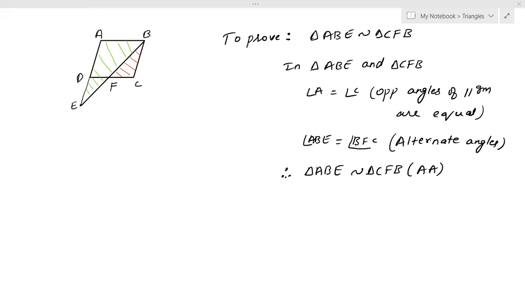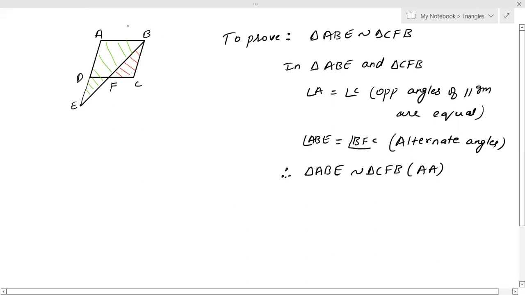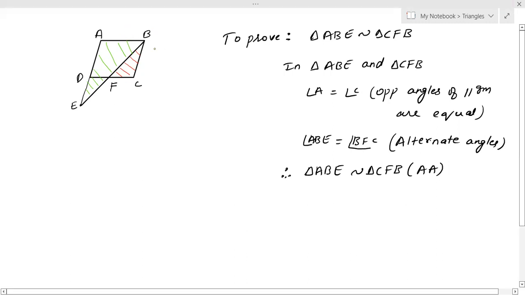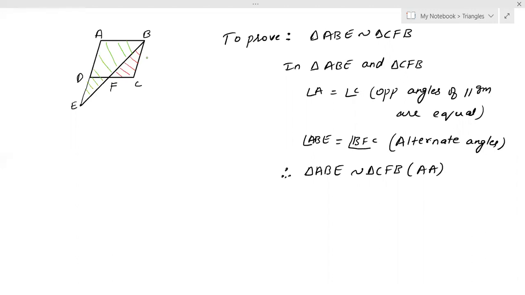So we have already drawn the figure. If you observe, ABCD is a parallelogram. So what is a parallelogram? Opposite sides are parallel, isn't it? So AB will be parallel to CD and AD will be parallel to BC. Now we have to prove that triangle ABE is similar to triangle CFB.